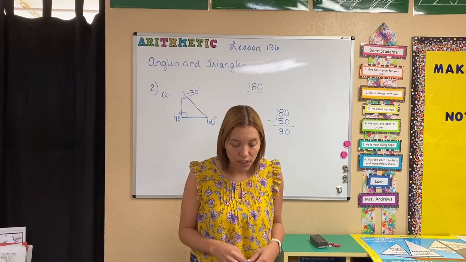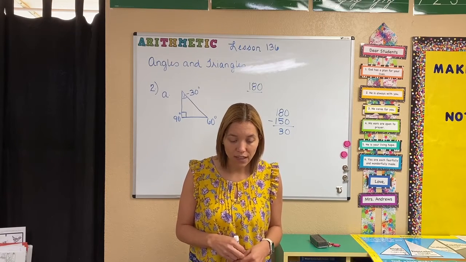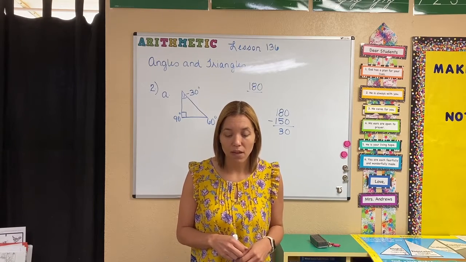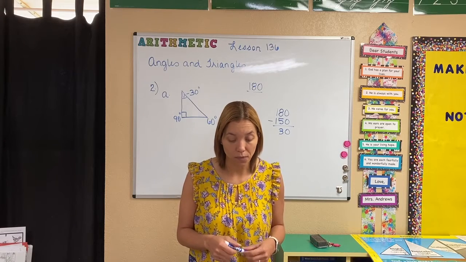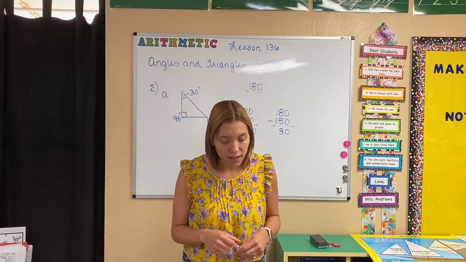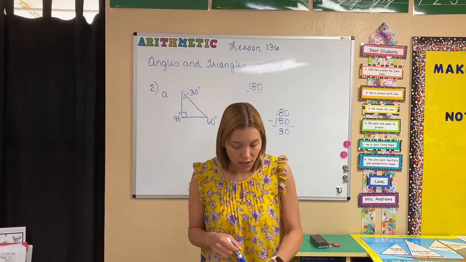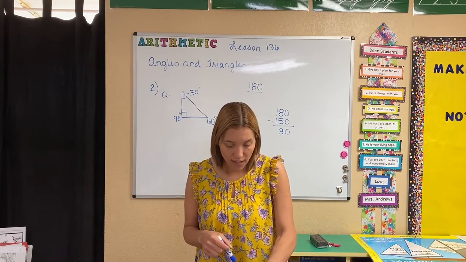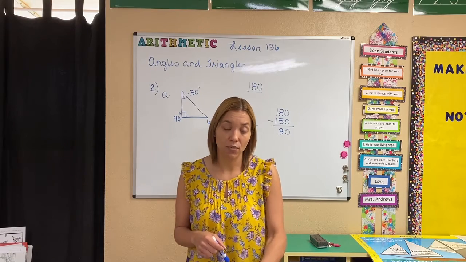On number 3, it says to use the given information to name the type of triangle. On letter A, it says the angles are 30 degrees, 90 degrees, and 60 degrees.